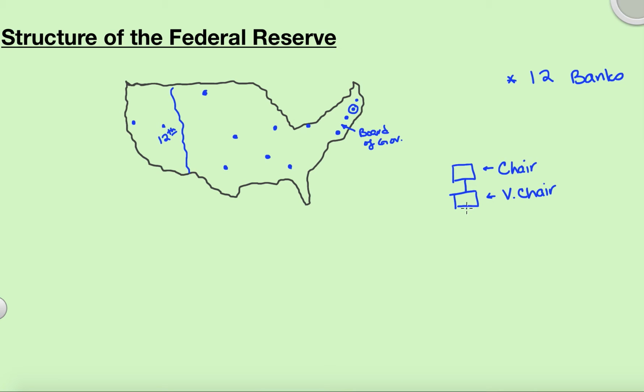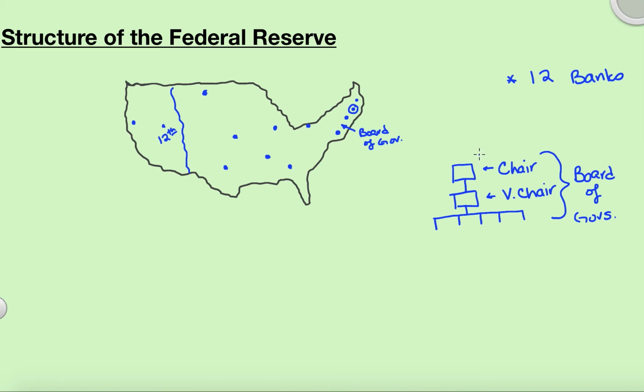After that, on the Board of Governors, there are 5 other Board of Governor members, 1, 2, 3, 4, 5. So the vice chairman and the chair and these other 5 members of the Board of Governors make up the governing body of the Fed. Okay, so this is the Board of Governors.